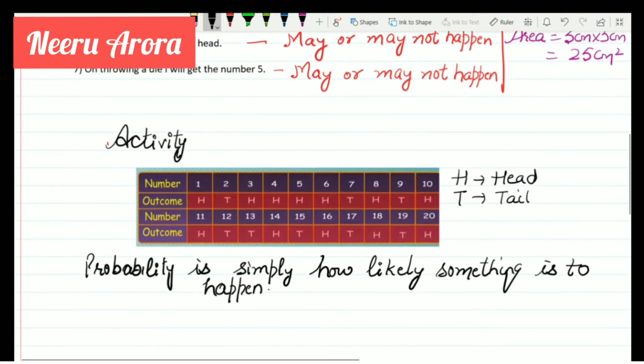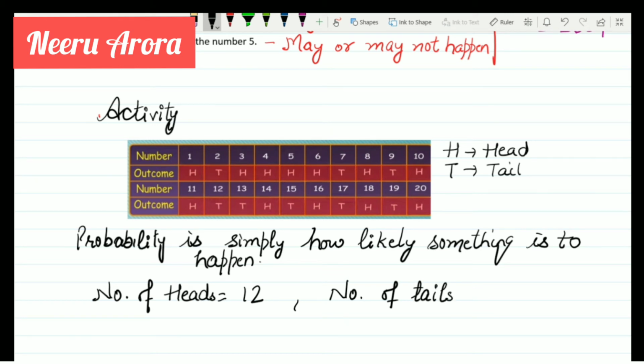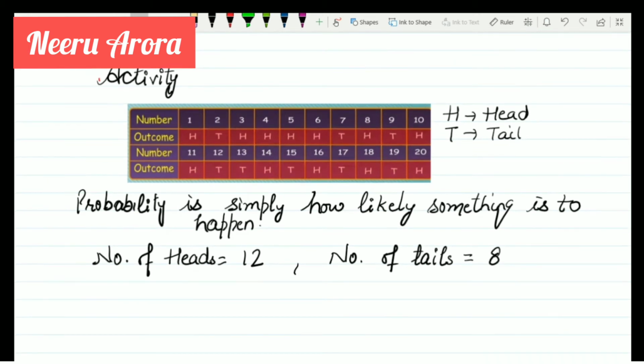Now just count how many heads we get and how many tails. Number of heads is equal to 12, and number of tails in this table is equal to 8. And how many total outcomes? How many times did we toss the coin?